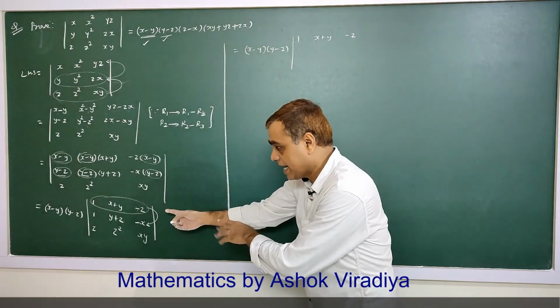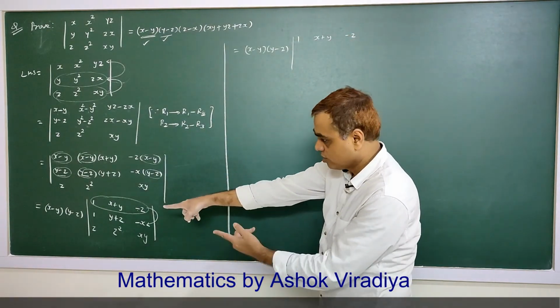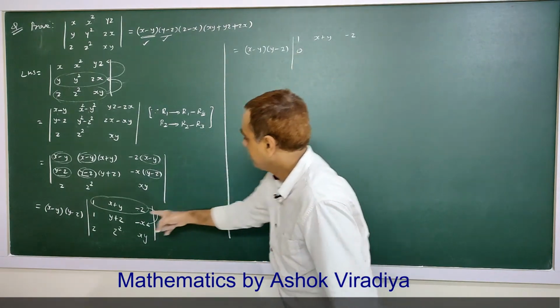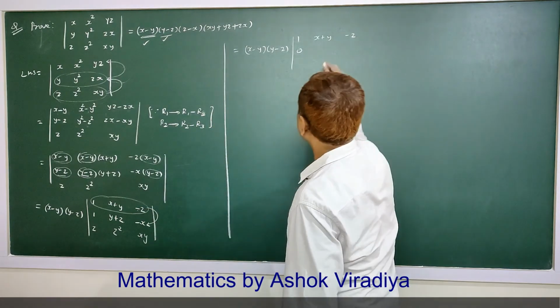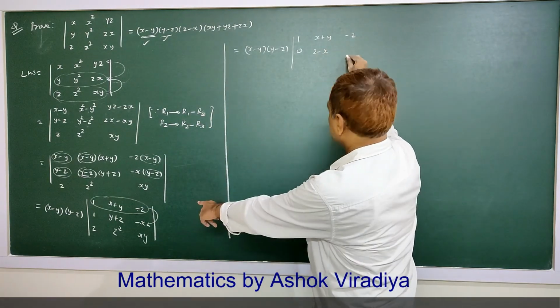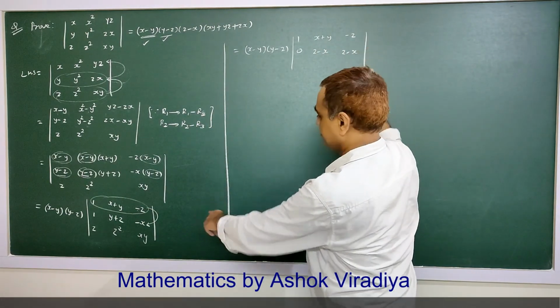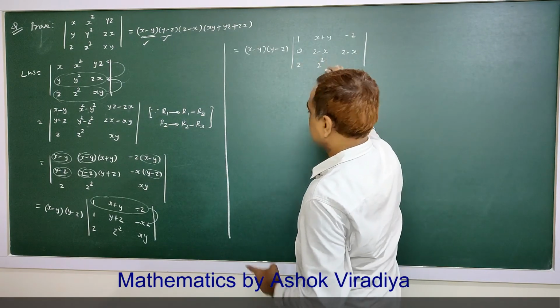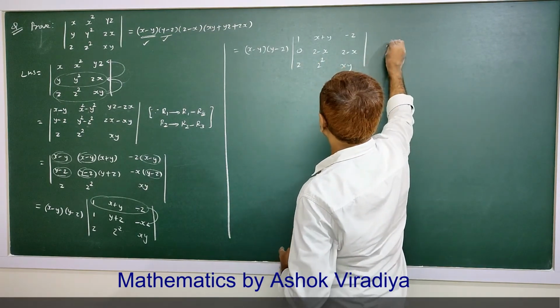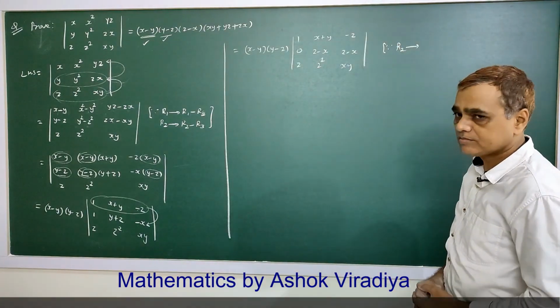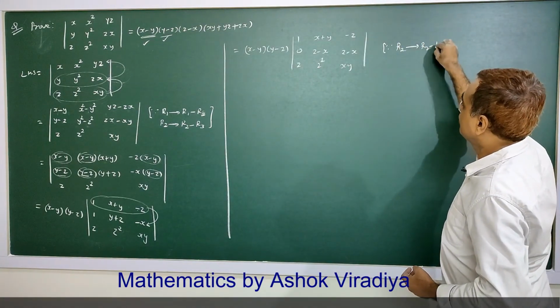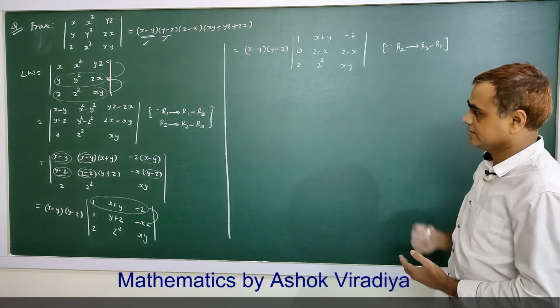Now first row I am subtracting in second row. So 1 minus 1, 0. From this number, if we subtract this number, y will be cancelled, z minus x. And here z minus x. So z square xy. So what is done here? Change is in second row. In second row, first row is subtracted.